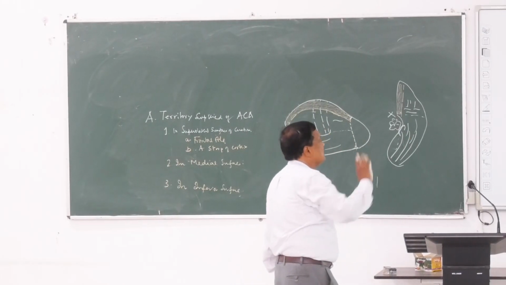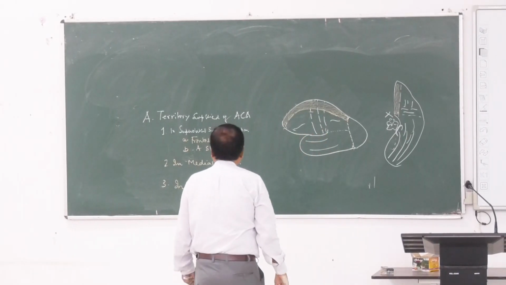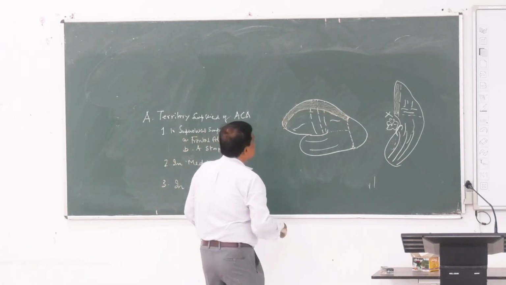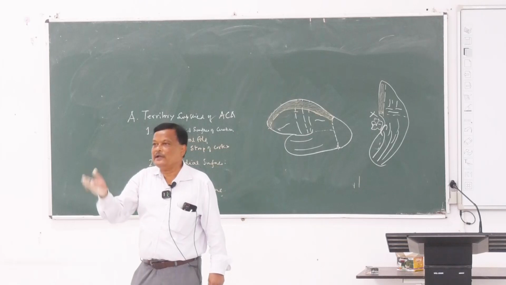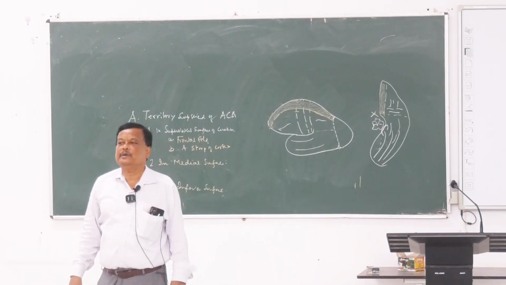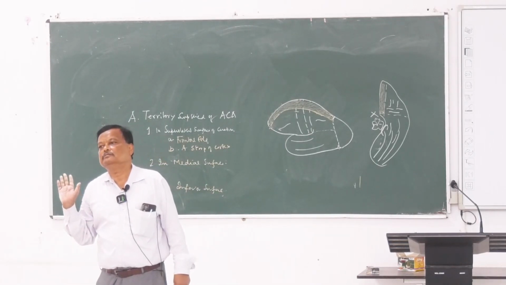Next, middle cerebral artery. In the superior lateral surface, the main arterial supply of the superior lateral or lateral surface of the cerebrum is the middle cerebral artery.